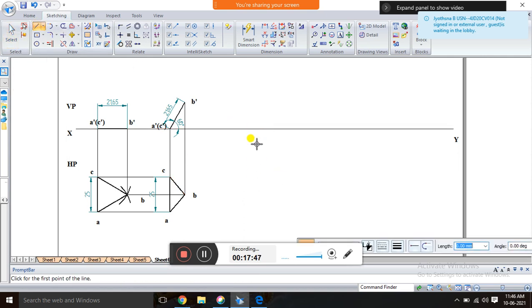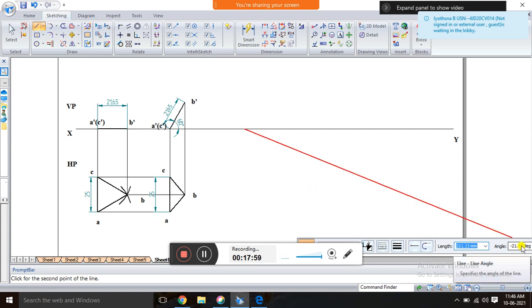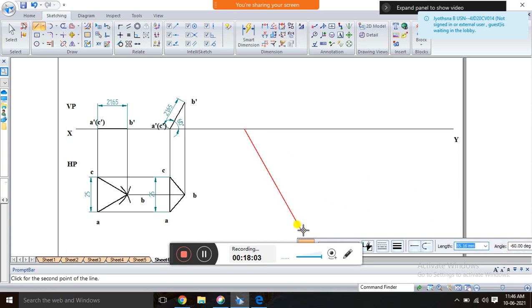So what you have to do is, first you have to draw a line of 60 degrees. The 60 degrees is given, so draw a 60 degree line at any convenient distance.